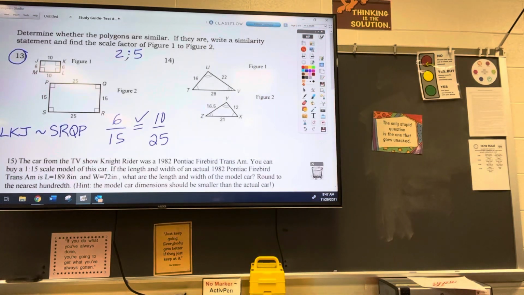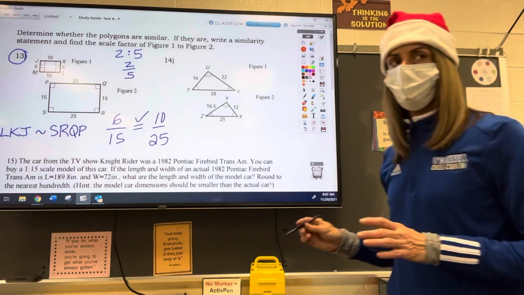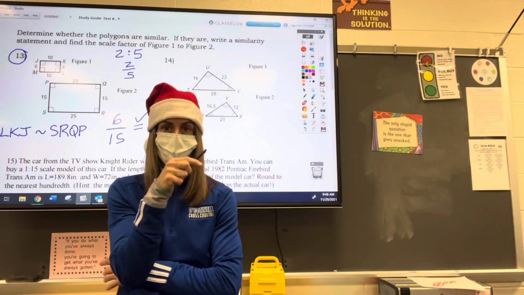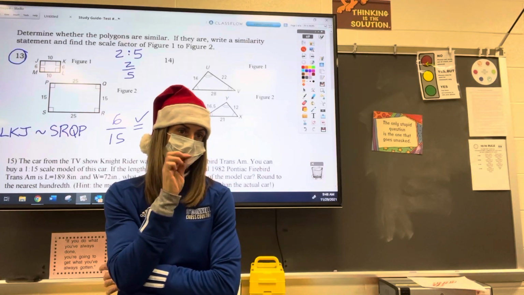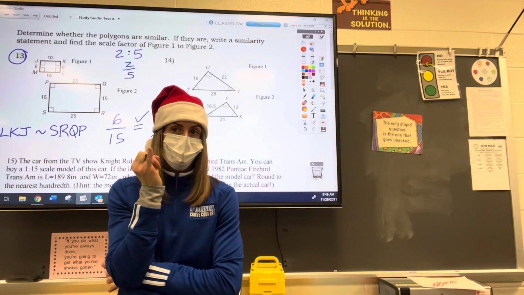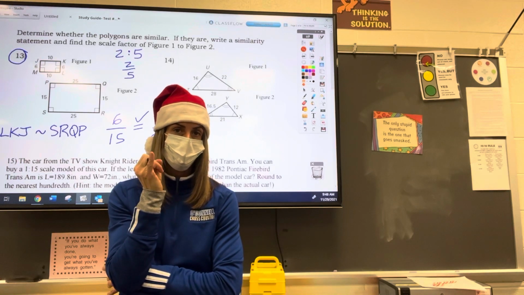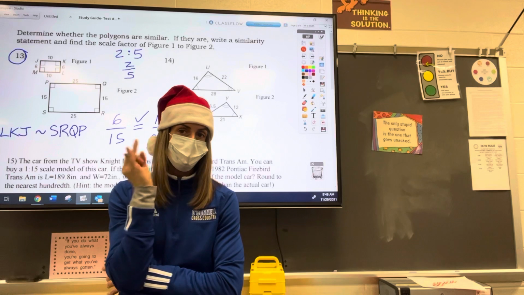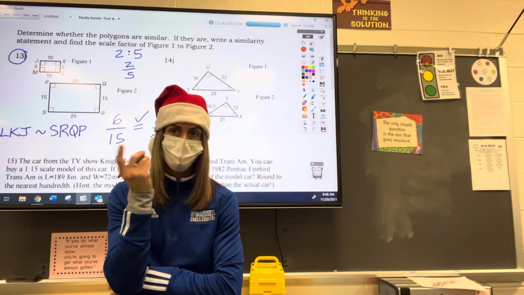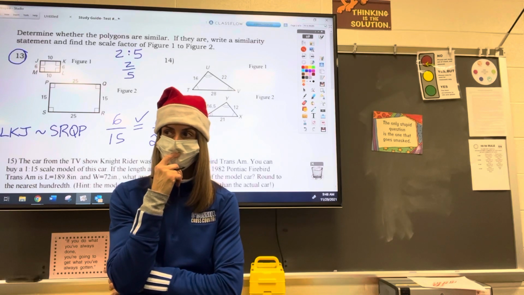If they said figure 1 to figure 2, that's why it's 2 to 5. But what if they said figure 2 to figure 1? Then it would be 5 to 2. Are you guys good? Seeing if two figures are similar, writing a similarity statement, and finding scale factor. We just did like 3 problems in 1 problem.